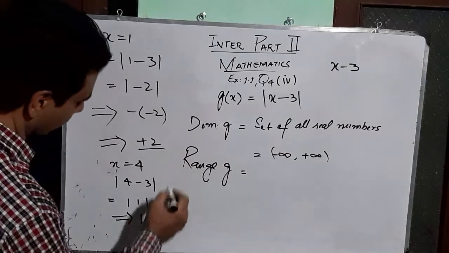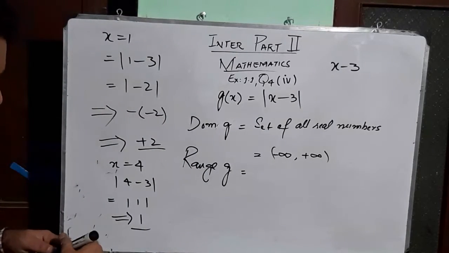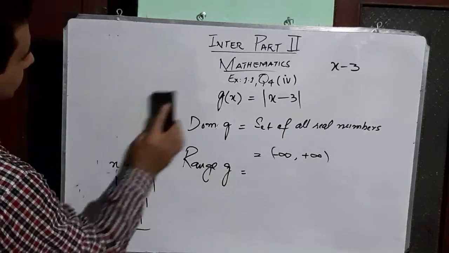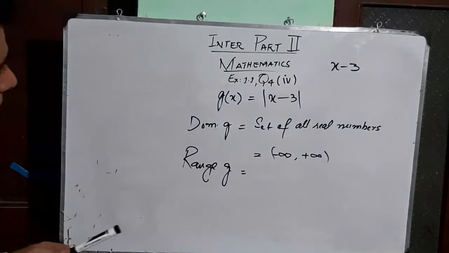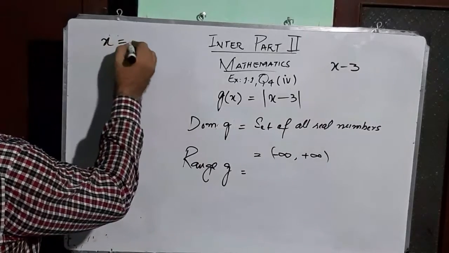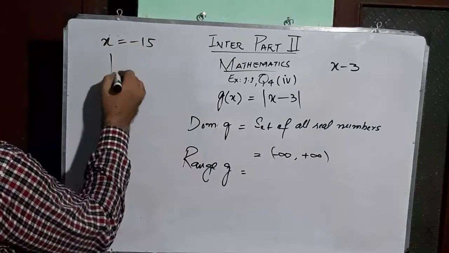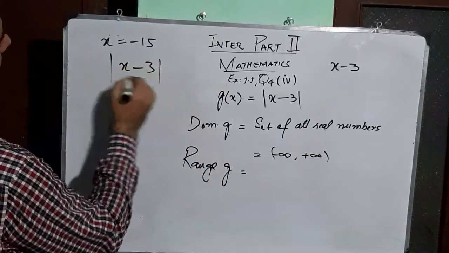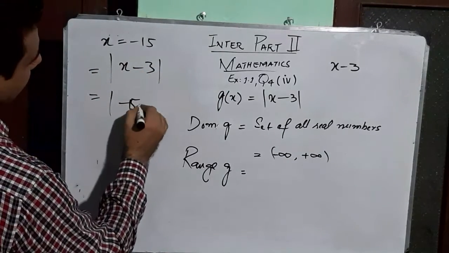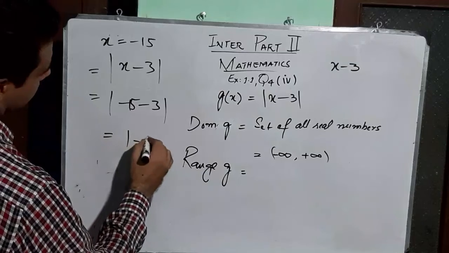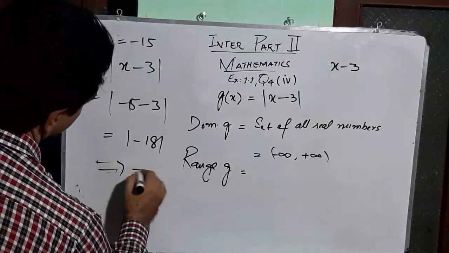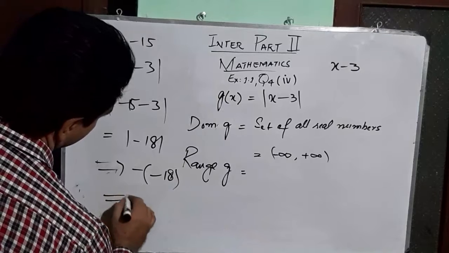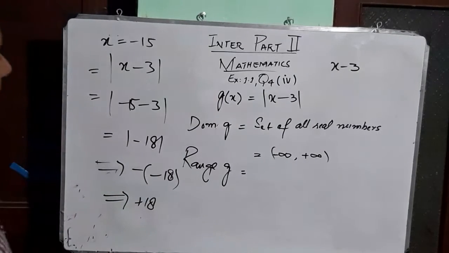You can see this one is positive, this one is positive. You can further check x is equal to minus 15. Minus 15 minus 3 is minus 18, which implies plus 18. So the range will have all positive values.